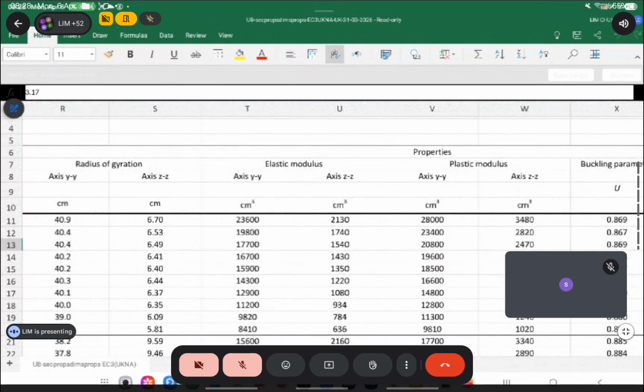You can see, ada tu plastic modulus, and then ada elastic modulus. So these are the values that you take for your moment resistance calculation.